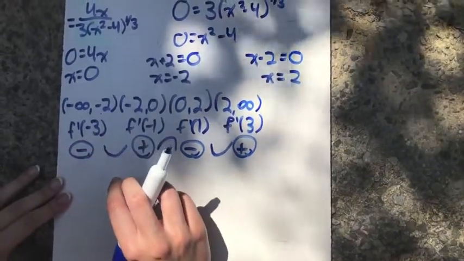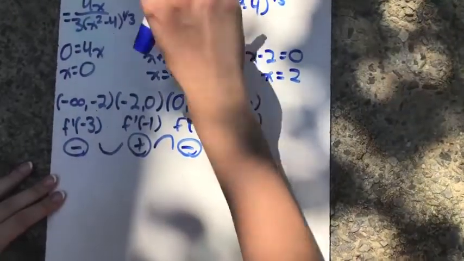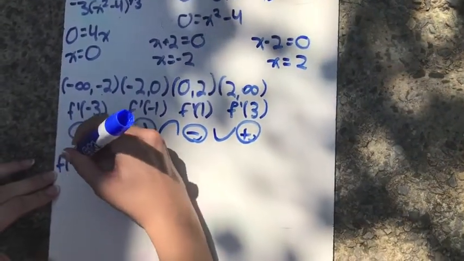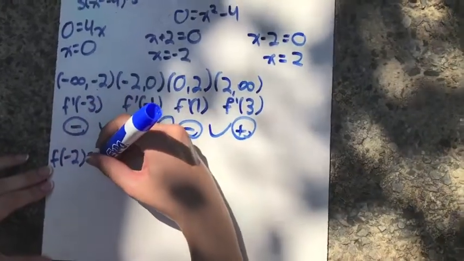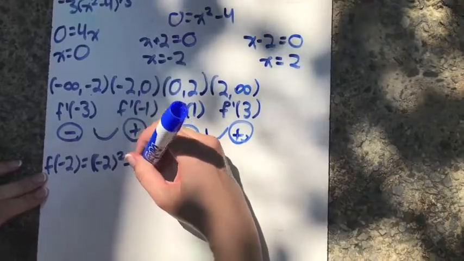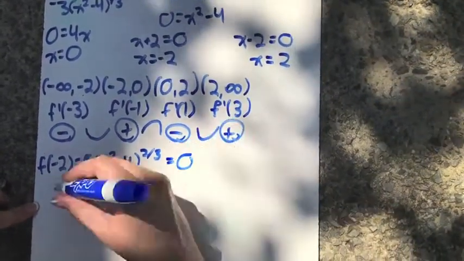Then you need to plug in your critical points into your original equation to get the y values. So f of negative 2 equals negative 2 squared minus 4 to the 2/3, and that equals 0.